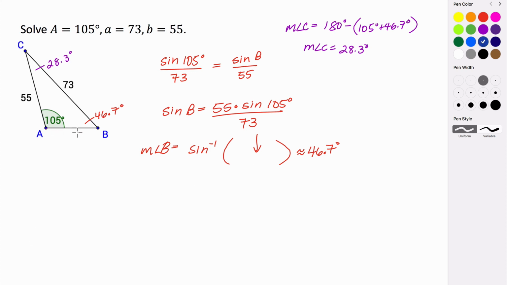And the last thing we need to find is side C, and then we'll be done solving this triangle. So to find side C, we're going to use law of sines. Again, we're going to use our original angle side pair because it's the one that's most accurate.